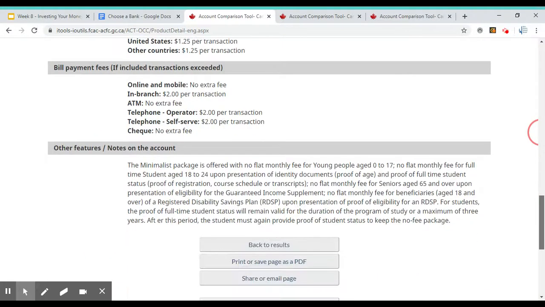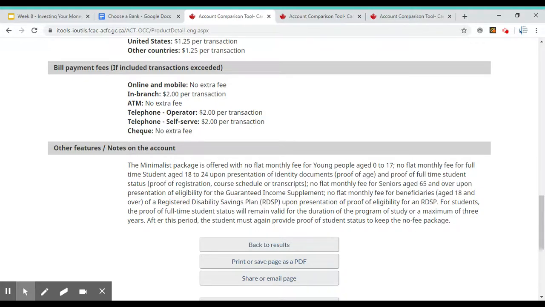And then there is a little paragraph at the bottom here that basically just tells me that if you are a youth or a student or a senior, then they do not charge you that $3.25 a month. So I could write students are not charged the $3.25, or you could just leave it blank.